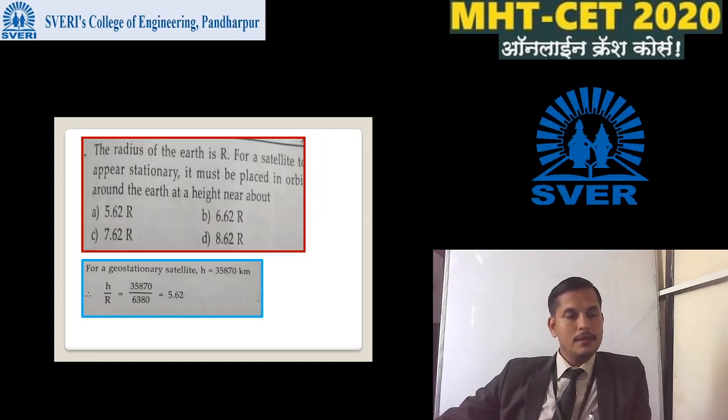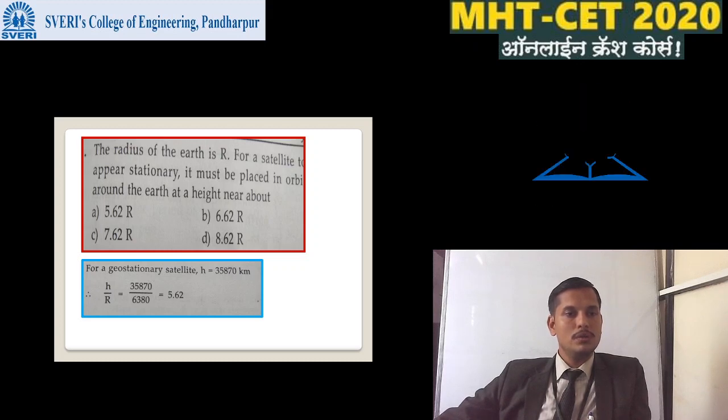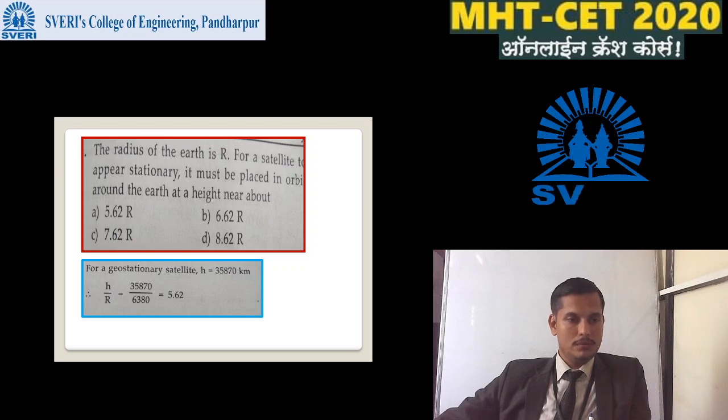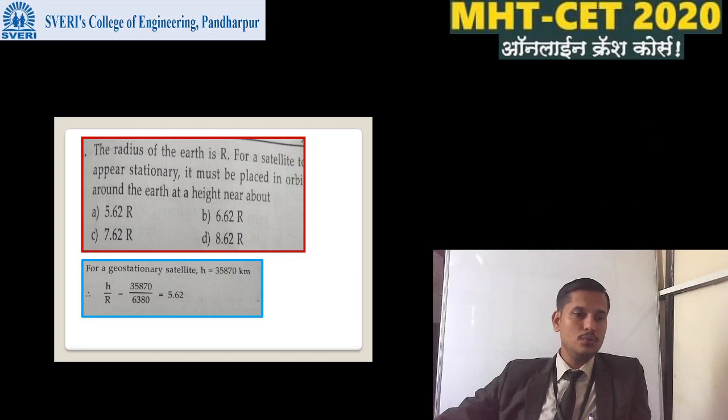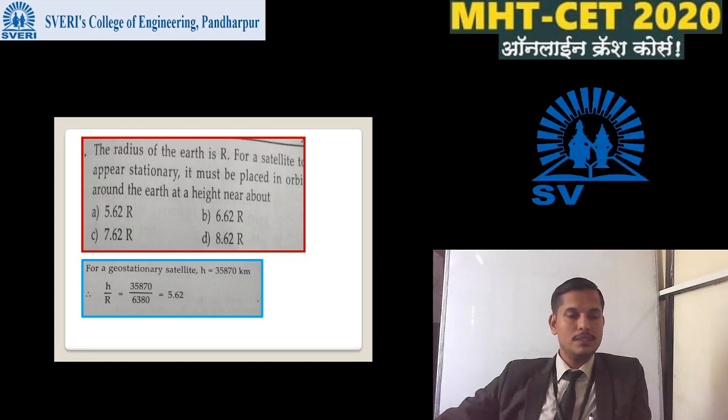And next, the radius of the Earth is capital R. For a satellite to appear stationary, it must be placed in orbit around the Earth at a height of about what? So we have to set the satellite. For that you have to know the value of the geostationary satellite height.